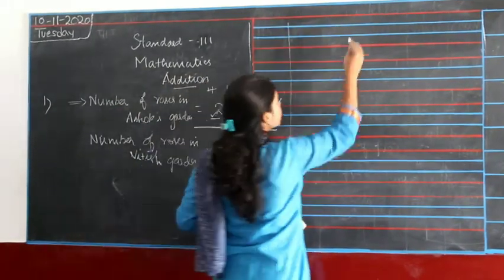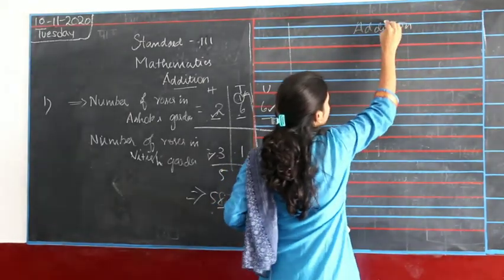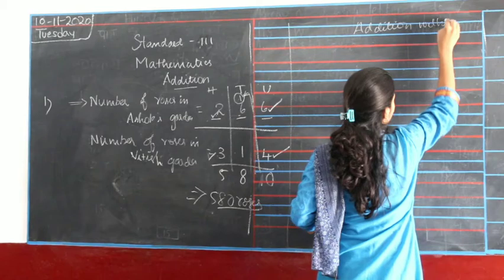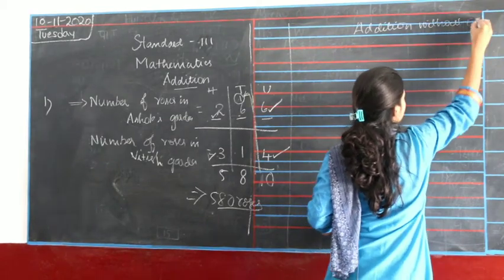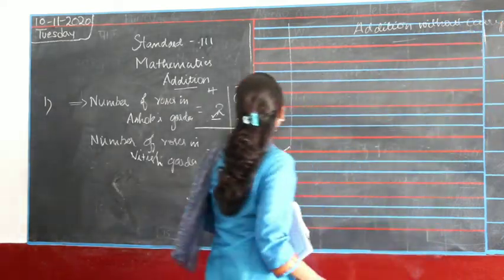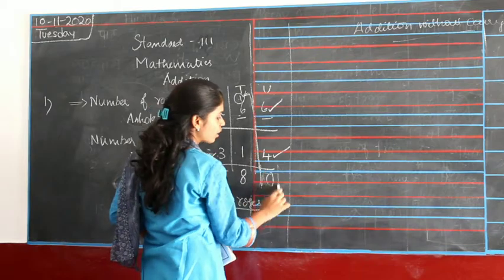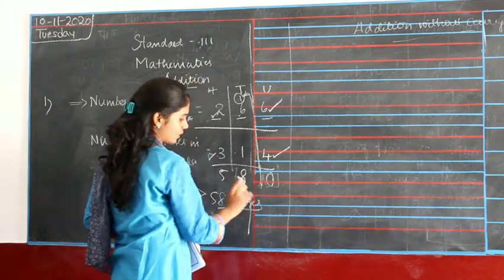Now we are moving to addition without carrying. Here we won't be having any tens in the unit digit or in the tens digit.